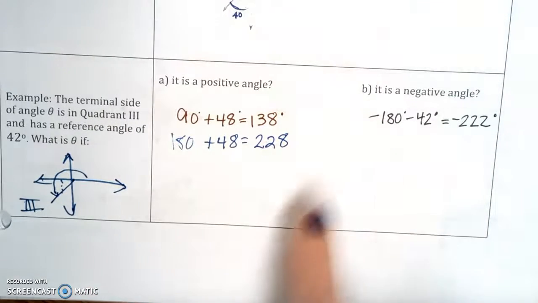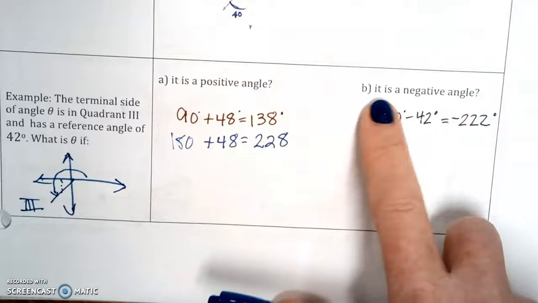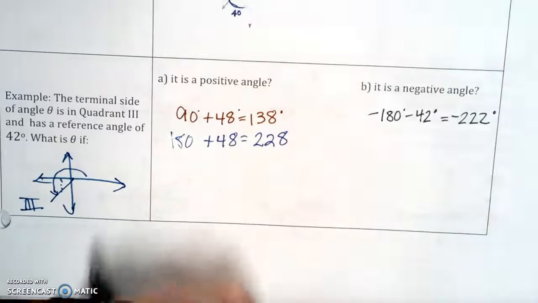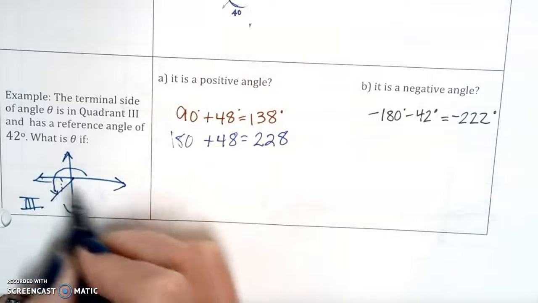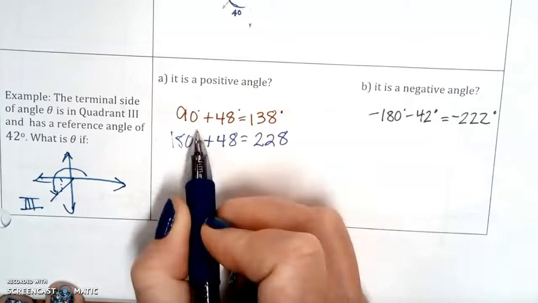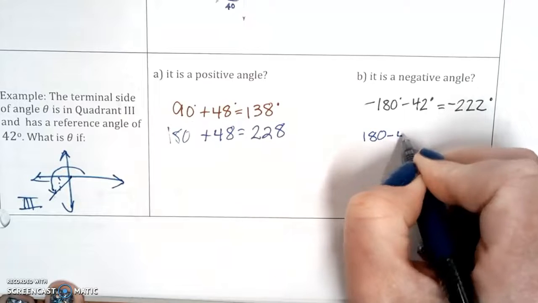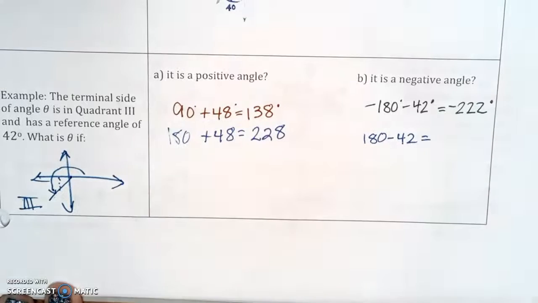What if it is a negative angle? It should be going this way, so it should be 180 minus 42, but then it would be negative.